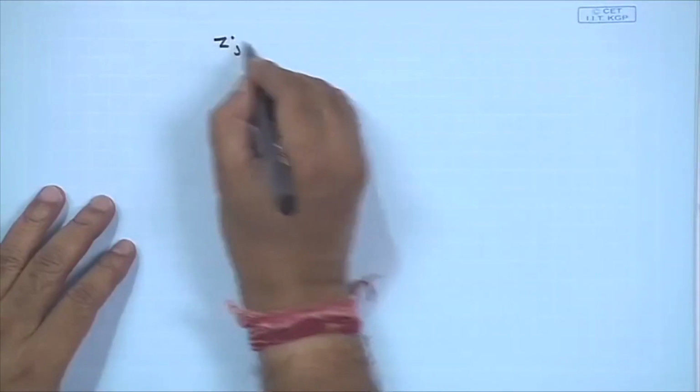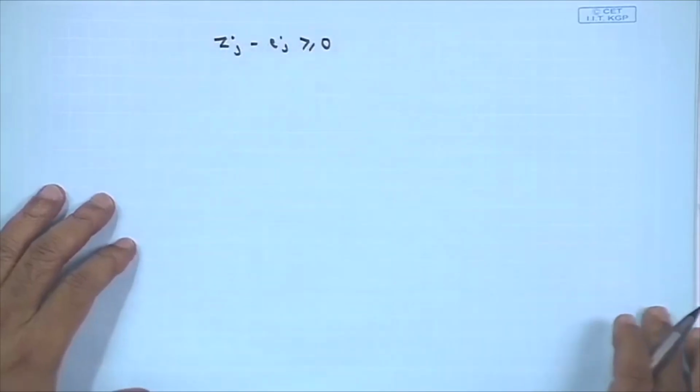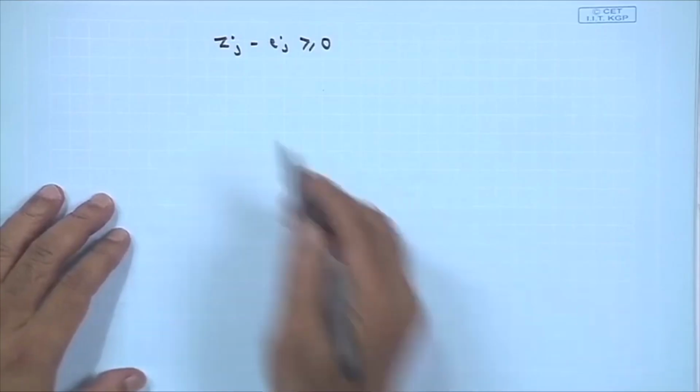For obtaining optimality, what do I have to find out? We know that for optimality this condition must be satisfied: z_j minus c_j must be greater than or equal to 0.